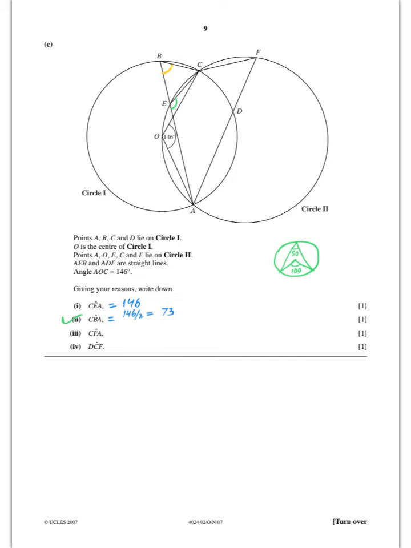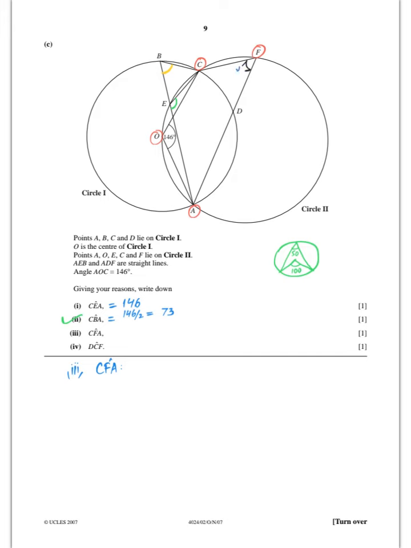After that, CFA. Again we need to highlight that angle first. CFA means this angle, right? Now if you observe the 4 points I'm going to highlight, it's C, F, A and O. These 4 points make a cyclic quadrilateral. So for CFA we can apply the condition of a cyclic quadrilateral, and the condition says opposite angles are supplementary.